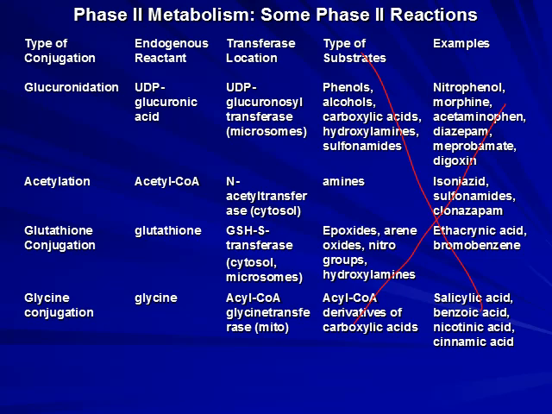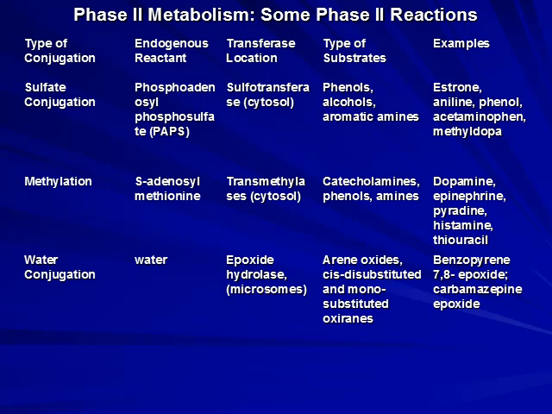Does it make sense that phase 1 and phase 2 would happen close by? Yeah. But most other phase 2 reactions are happening away from the ER. Most other phase 2 reactions are happening in the cytosol, or maybe other places. If you look at sulfate conjugation, there's the official name of PAPS. Cytosol.